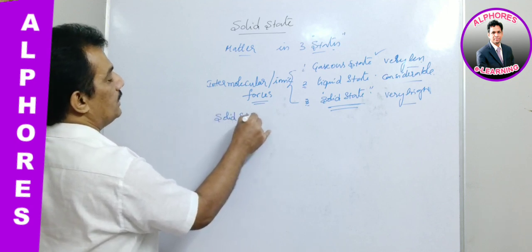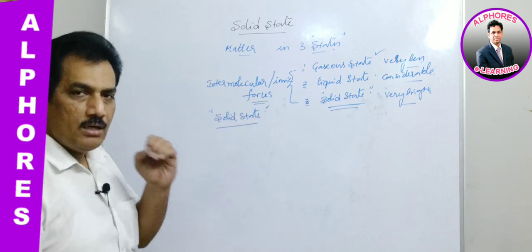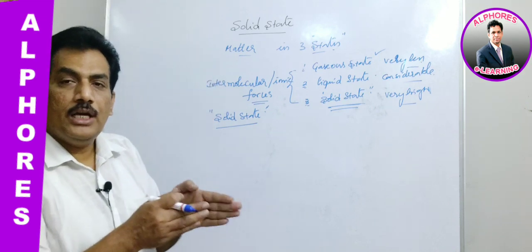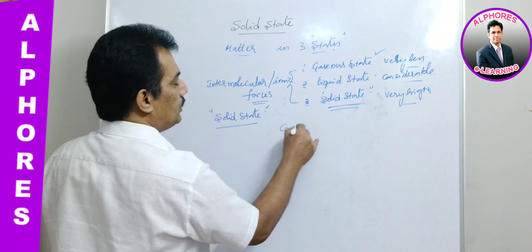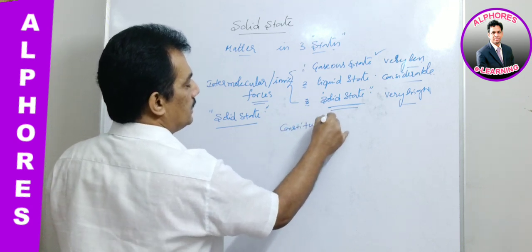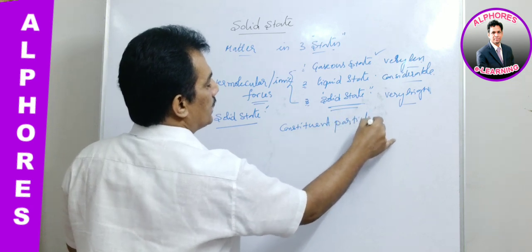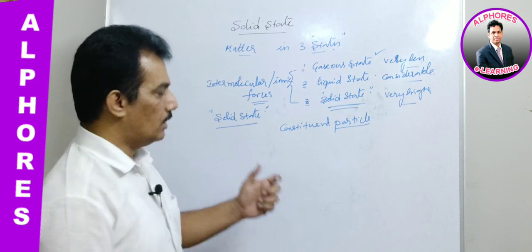And what is a solid state? Simply we can define this as the state of the substance or matter where the constituent particles, just follow this word, constituent particles, that is, particles present in the crystal that participate in the building of the crystal, is it not?